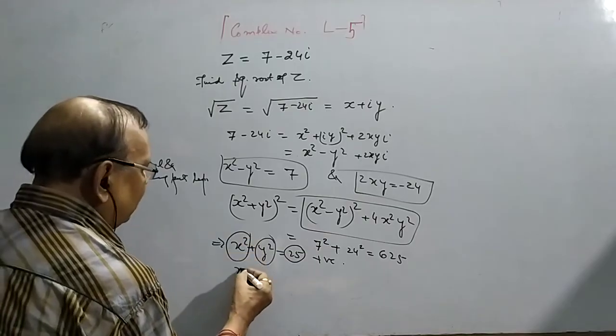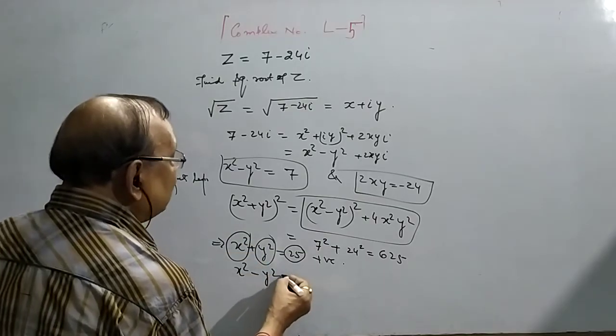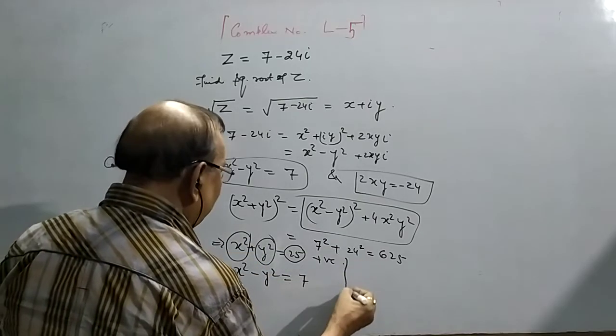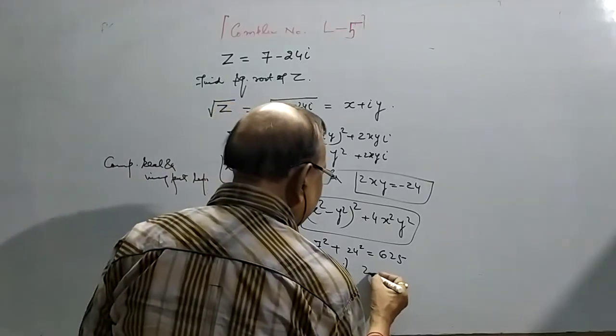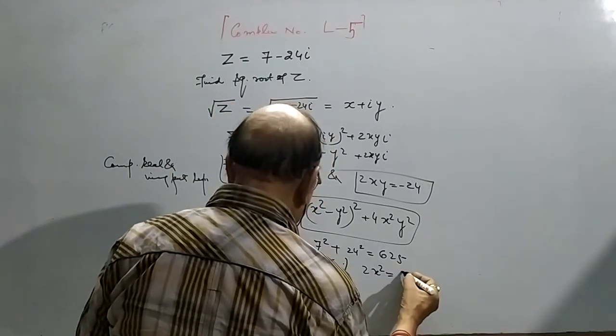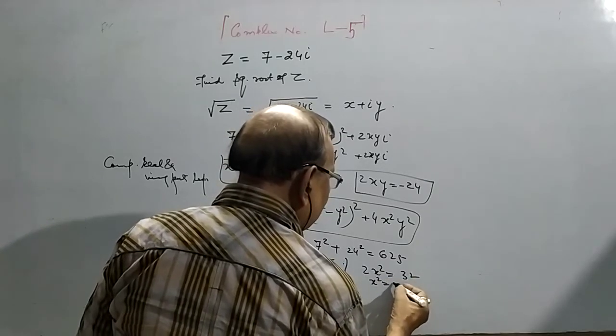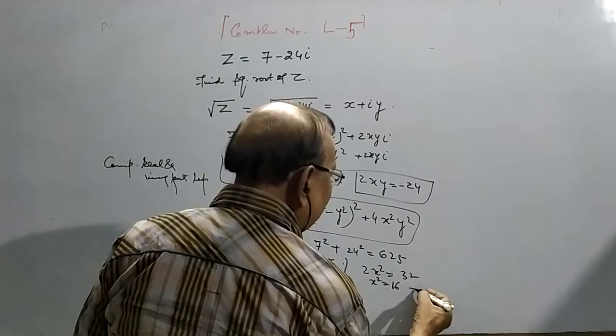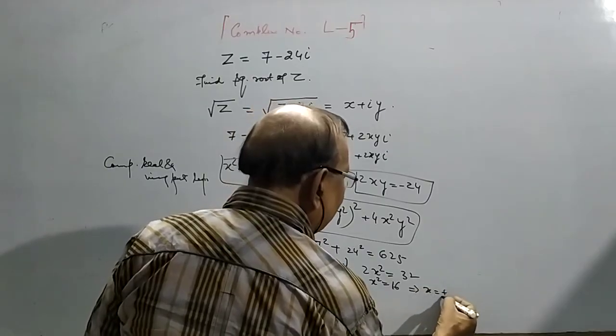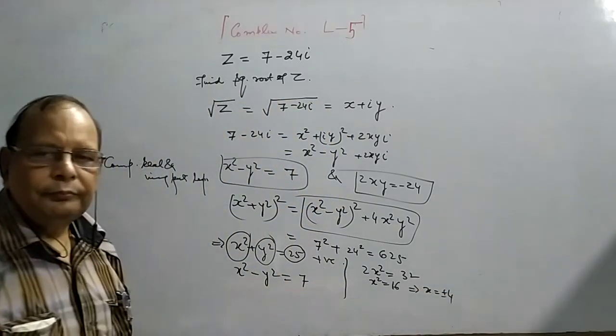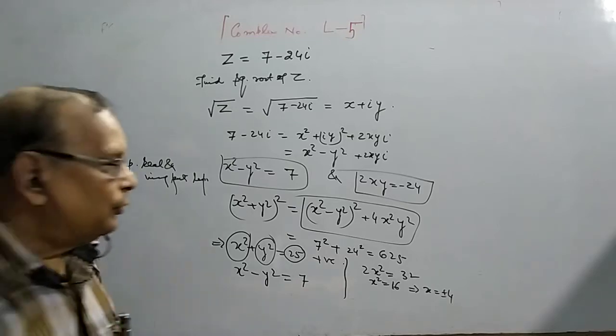Now we have x square minus y square is equal to 7. Solving, by adding we get 2x square is equal to 32, x square is equal to 16. Therefore, x is equal to plus minus 4. There are two values of x.